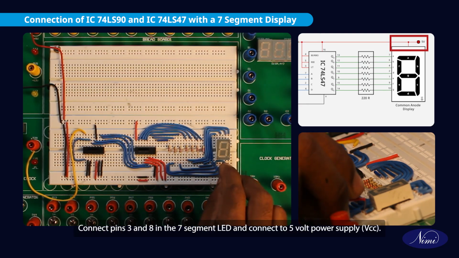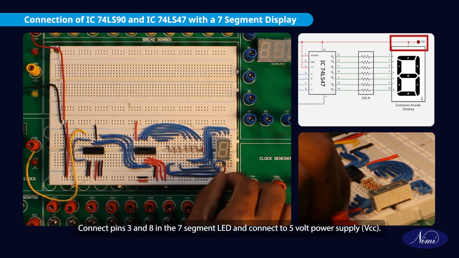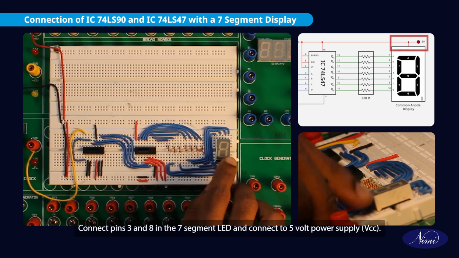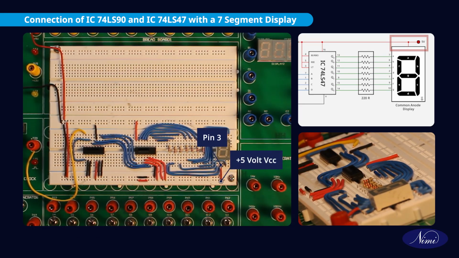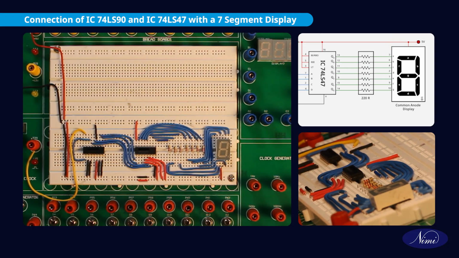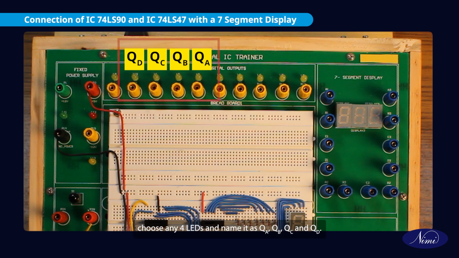Connect pins 3 and 8 in the 7-segment LED and connect to 5V power supply VCC. From the output LEDs in the digital trainer kit, choose any 4 LEDs and name them as QA, QB, QC and QD.